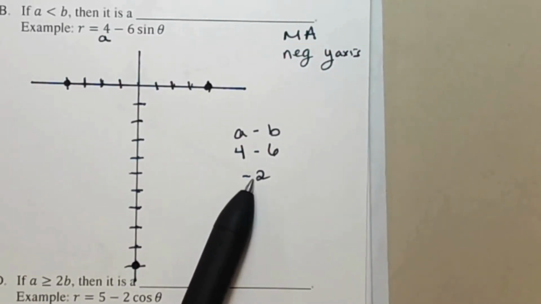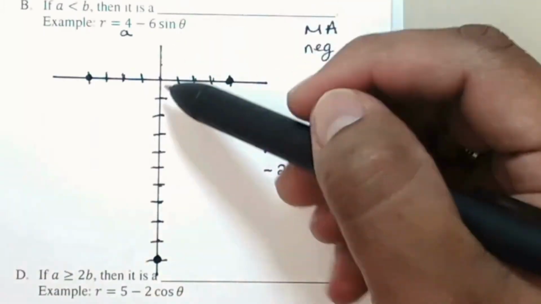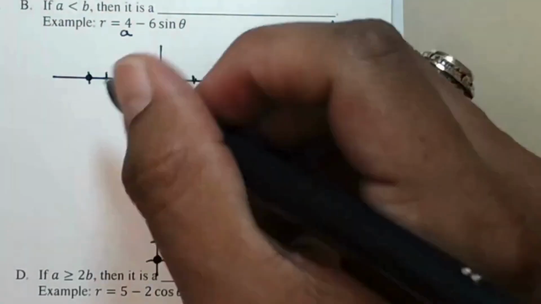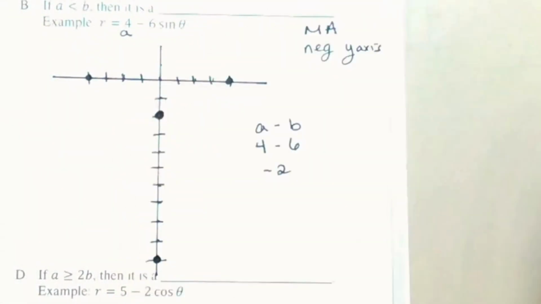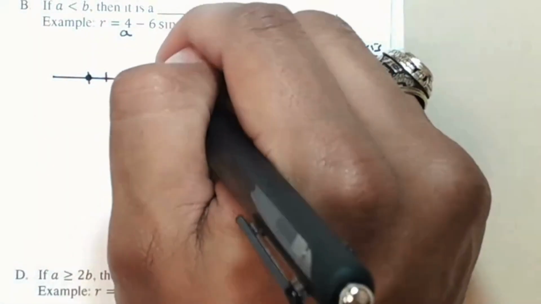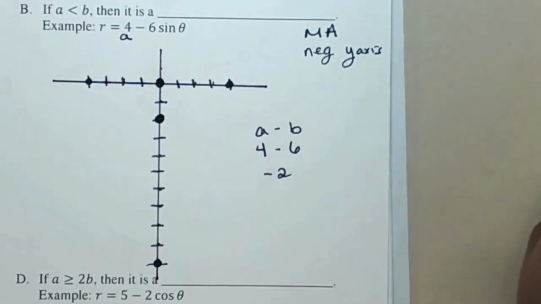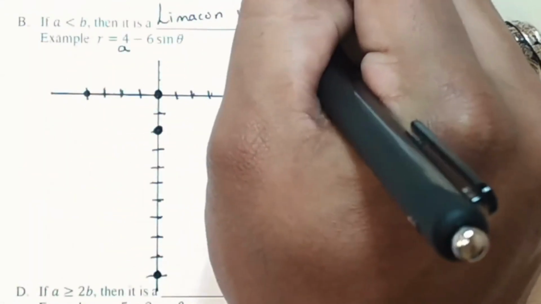Well, -2, you think about it like, if I were going to plot 2 points this way in that direction, it would have been +2. If I'm going to do -2, what I'm actually going to do is plot that point inside that major axis, and I'm still going to go through the pole. This is going to be called a limacon with an inner loop.